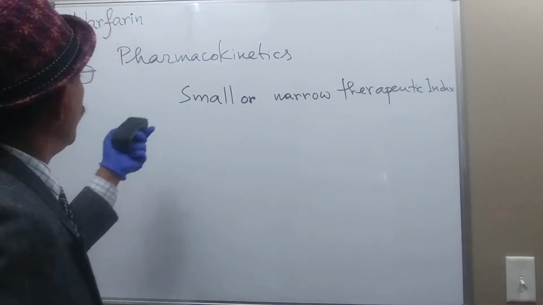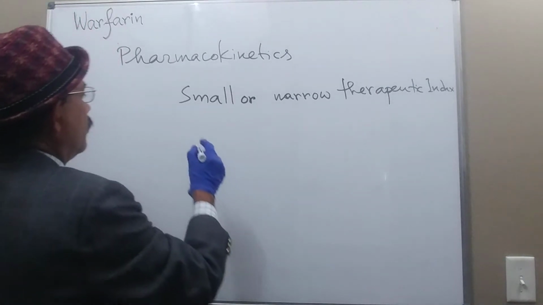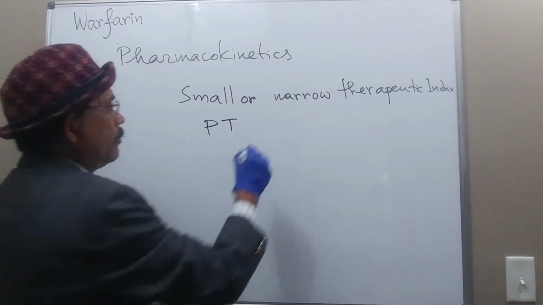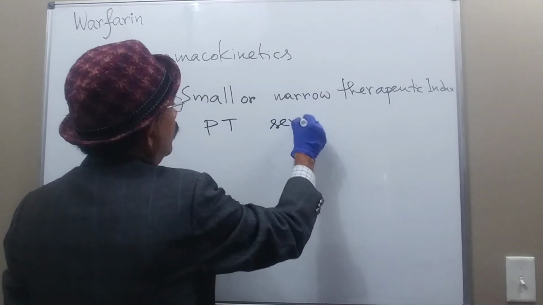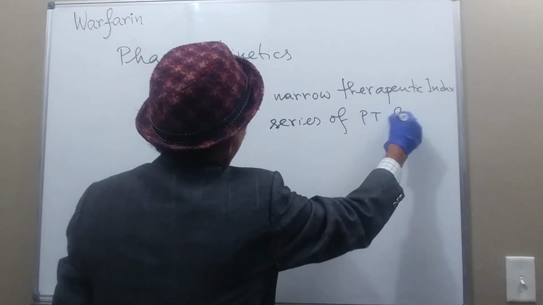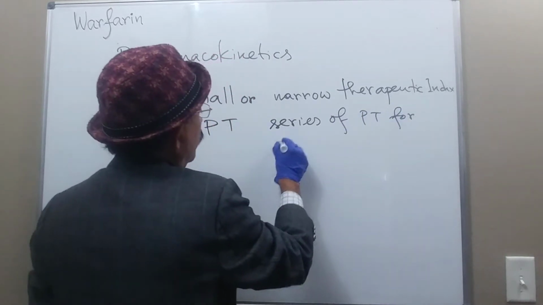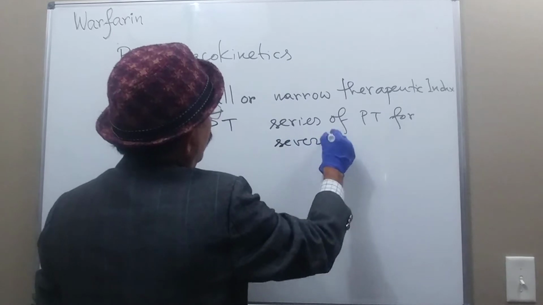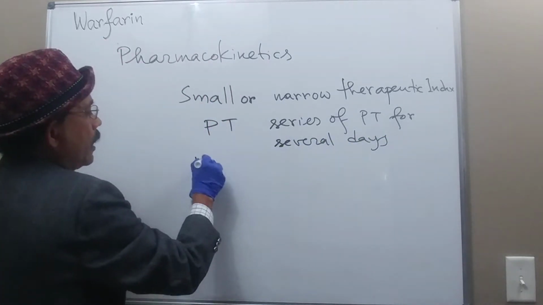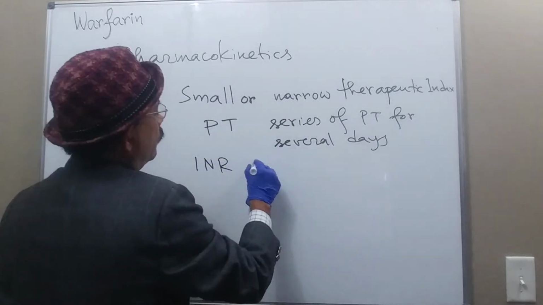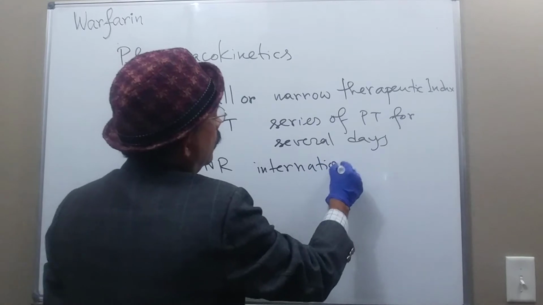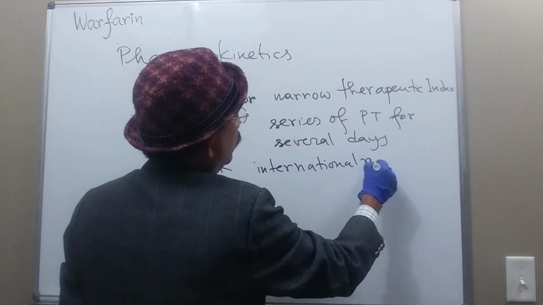So when it is administered, the physician always looks for PT, that is prothrombin time, a series of PT for several days, along with INR, the international normalized ratio.